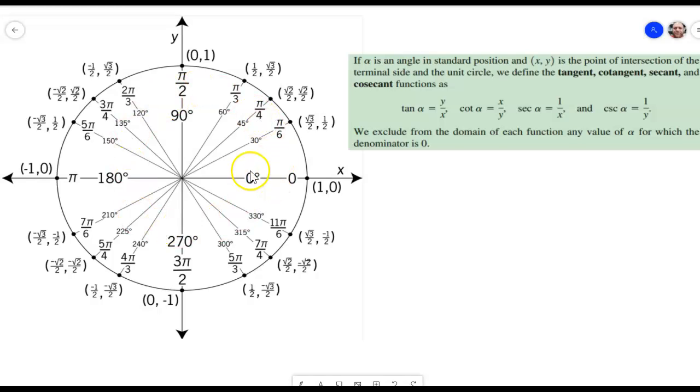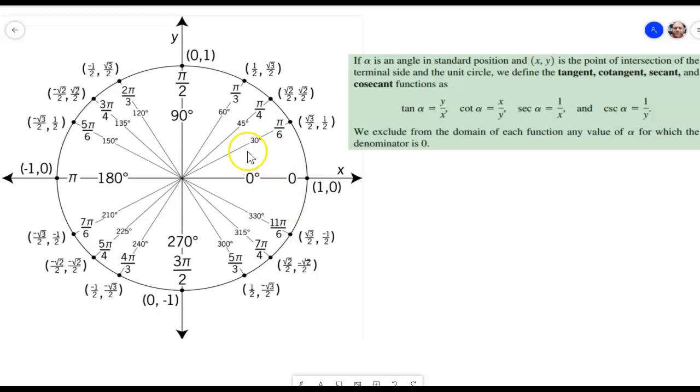So a complete circle would be 2 pi, and we can just keep going up. So that's 12/6, that would be 13/6, 14/6, 15/6, and we could just keep going up just like we did with the degrees. And we can also go in the other direction as well. So -1/6, -2/6, -3/6, -4/6, -5/6. We can keep going in the opposite position as well if we wanted to go negative.